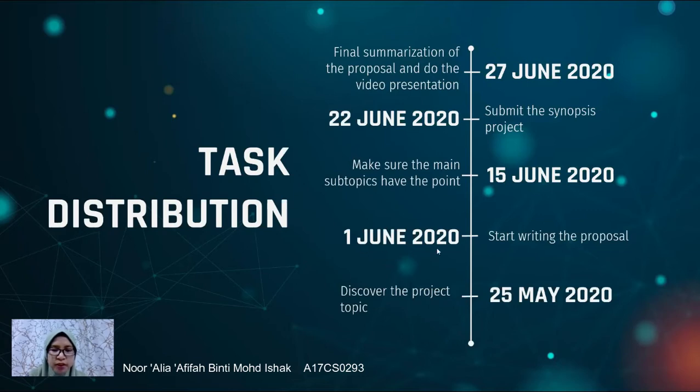For the 1st of June 2020, we needed to start writing the proposal in the Google document. After 2 weeks, all the members needed to make sure that the main subtopic given to them was written in the Google document. It doesn't mean that each member needed to finish the task, but at least the main subtopic had the points stated.